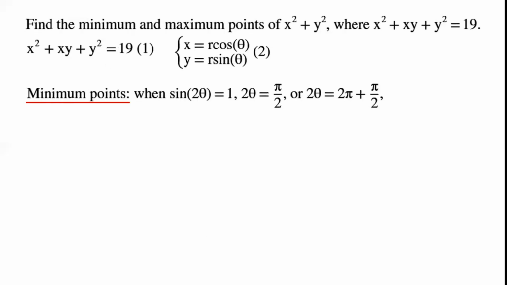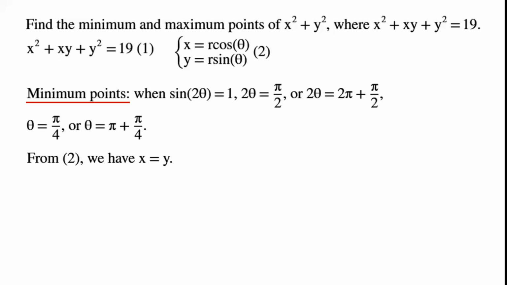The minimum points are when sine 2 theta equals 1: 2 theta equals pi over 2, or 2 theta equals 2 pi plus pi over 2. Theta equals pi over 4, or theta equals pi plus pi over 4.